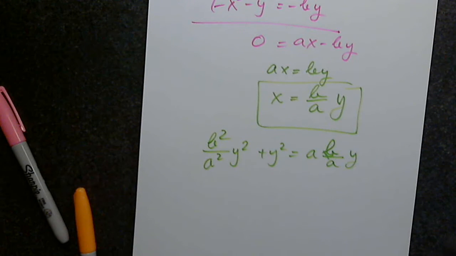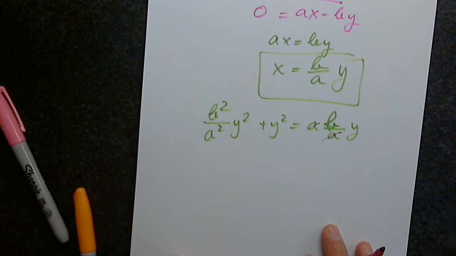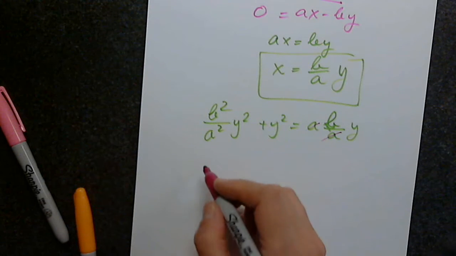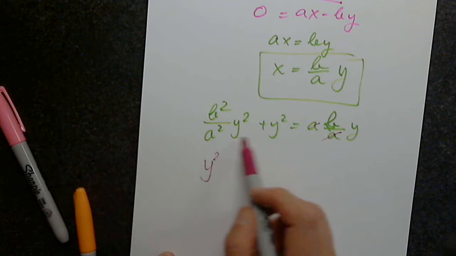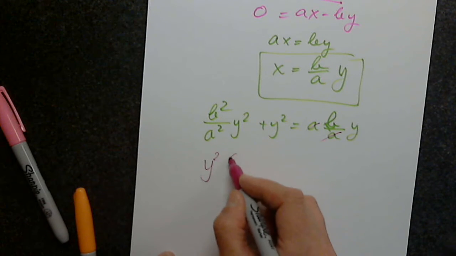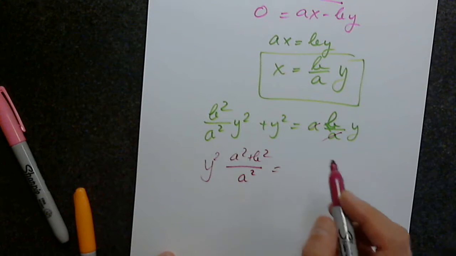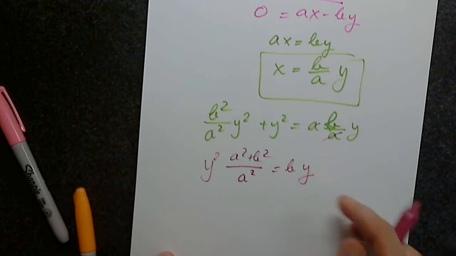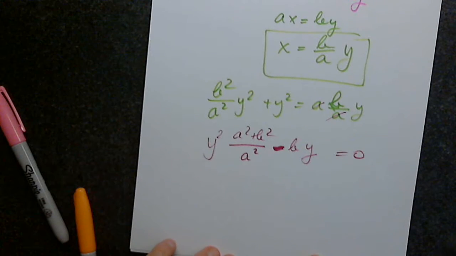From this equation, somehow I have to get y. I see that these two go away. I see that I have to pull out the y squared. And again, I have here a squared plus b squared over a squared, and this equals by. Actually, I should move it to the other side.